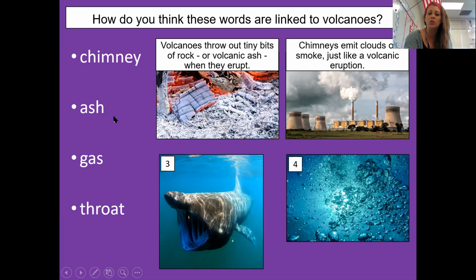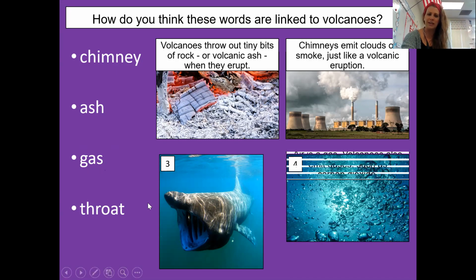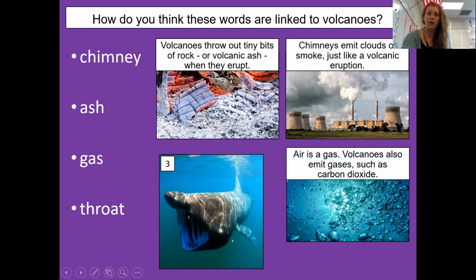All right, so we've used chimney and ash. We have gas and throat left. Number 3, which one do you think it would be, gas or throat? All right, let's see. Sorry, I guess they went backwards. So hopefully number 3 you would say is throat, and number 4 would be gas.